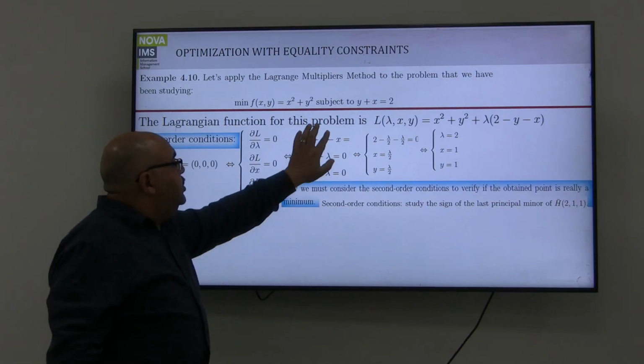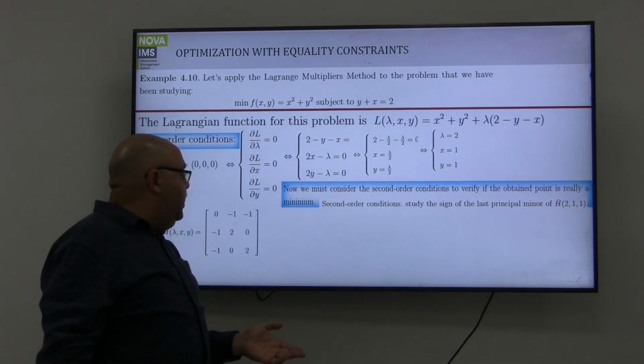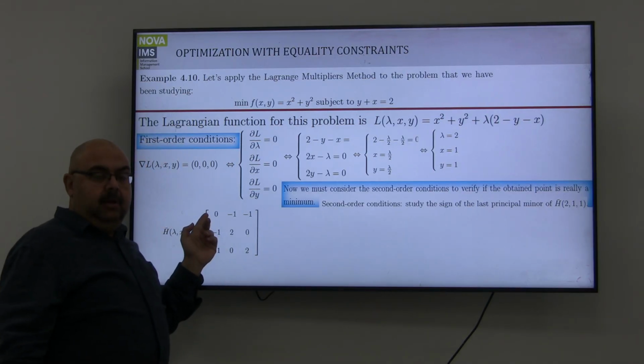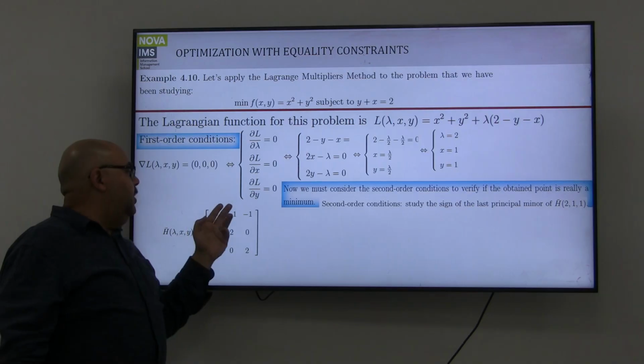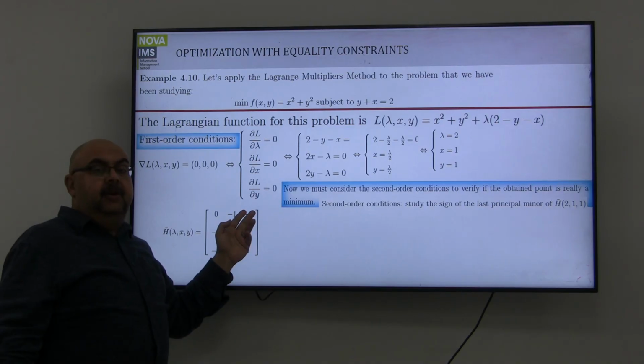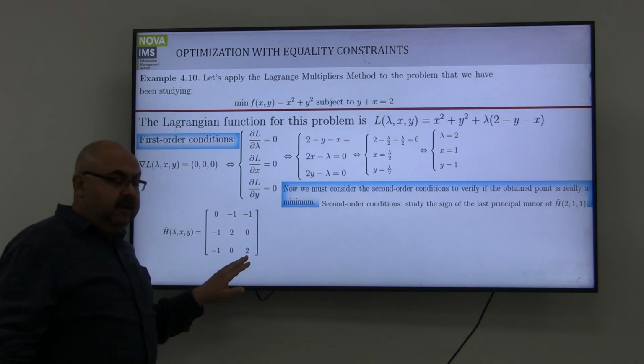After getting the first derivatives, I will differentiate more in order to get my Hessian matrix. So it's partial 2L with respect to lambda square, partial 2L with respect to lambda and x, partial 2L with respect to lambda and y, and so on. This is the Hessian matrix.